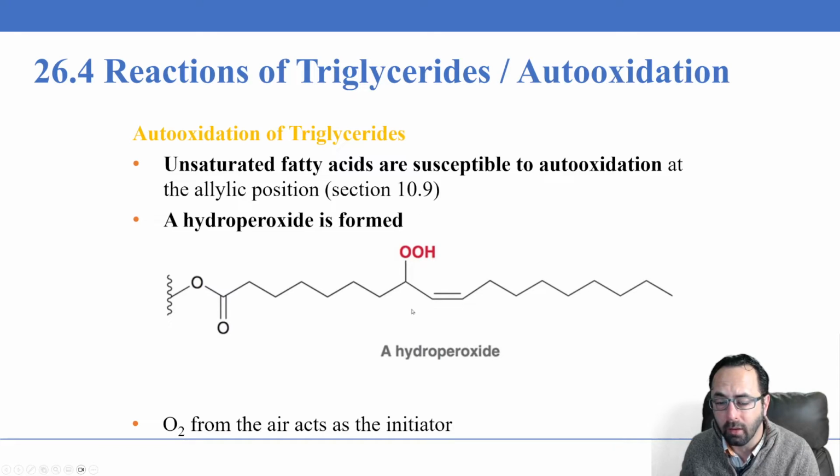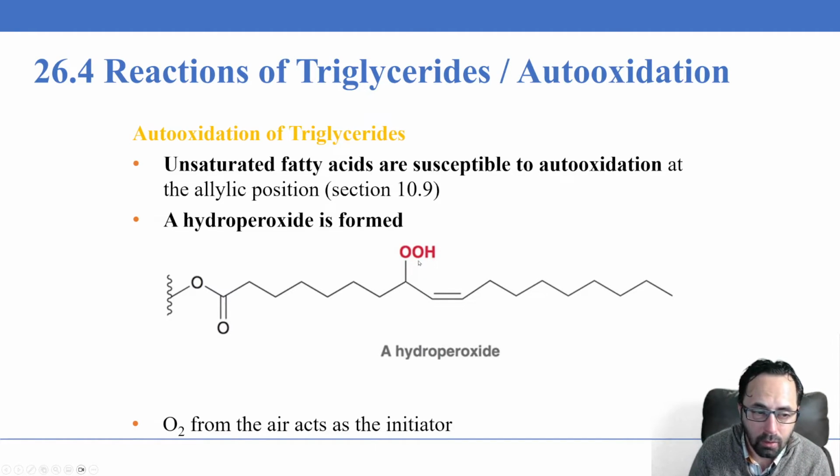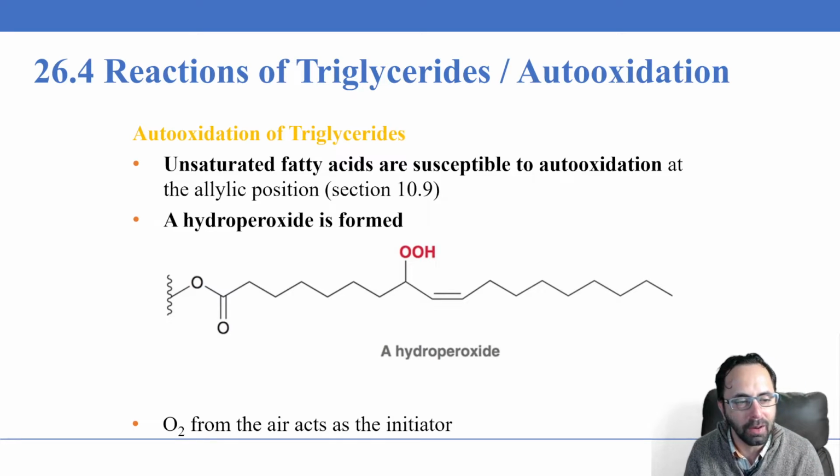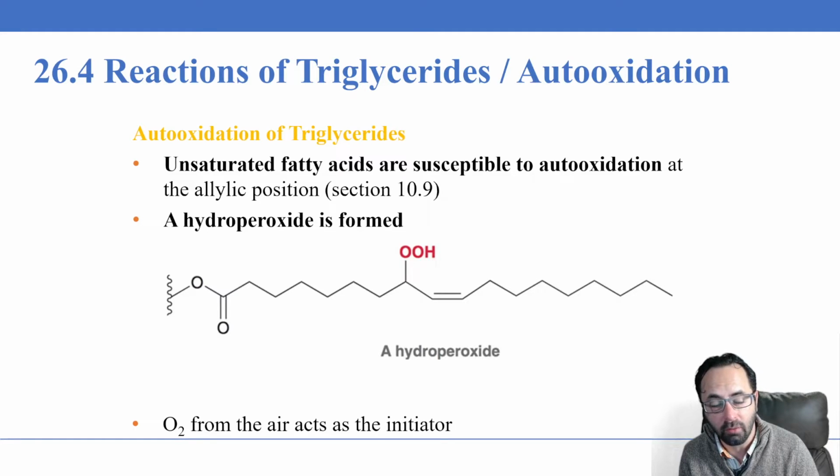These hydroperoxides are extremely reactive, and when you eat something, you don't want it to be extremely reactive. You want it to be basically non-reactive except to what the enzymes in your body are built to catalyze. Because if you have random reactions going on in your body, those can mess up the structure and the functions of your important molecules like your DNA.